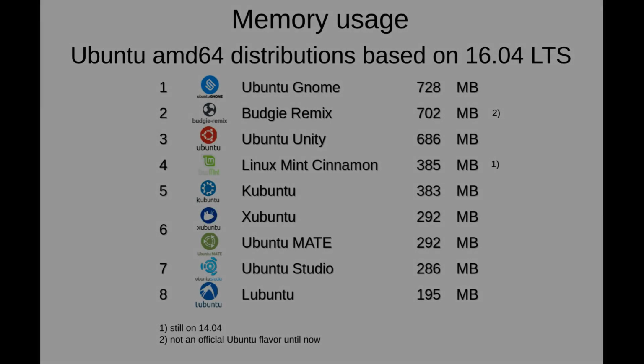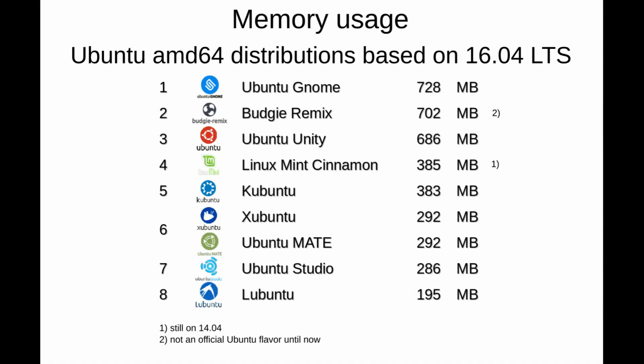Conclusion. We can see that the GTK3 or Gnome 3 distributions are using the most resources. Cinnamon and the KDE Plasma desktop are using nearly the same resources.